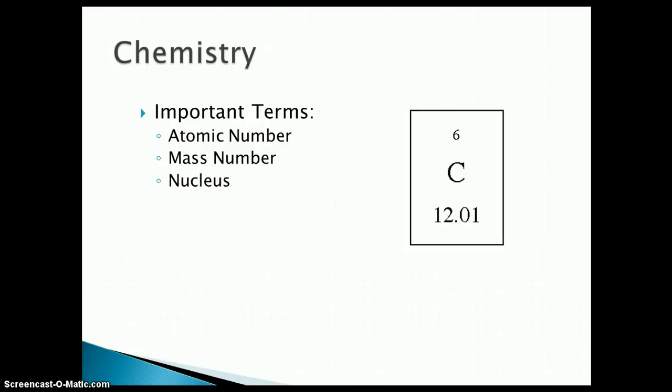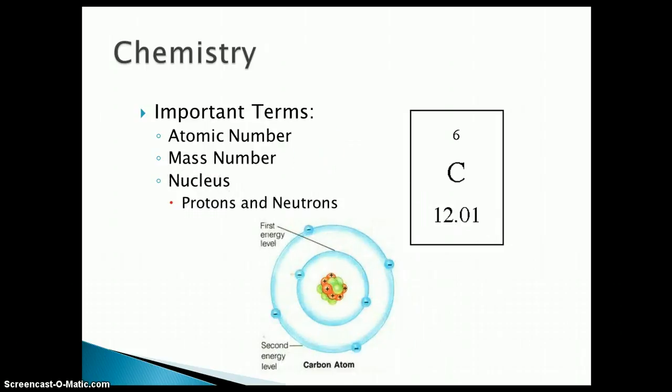So then we have the nucleus of the atom. Here's just a diagram of a carbon atom. This would be the nucleus here, and it contains protons and neutrons. So we have some positive charges in here. The little circles that are red, those are protons. Protons are positively charged.